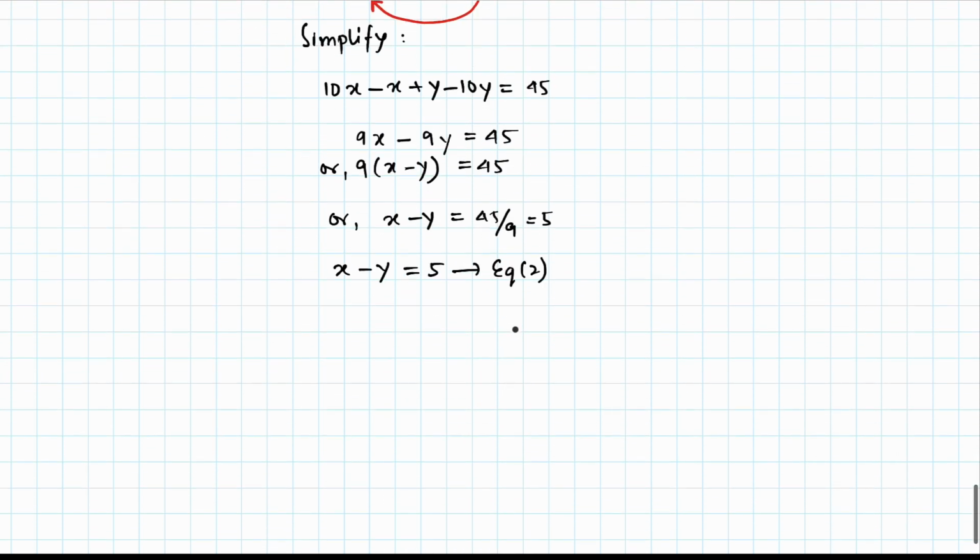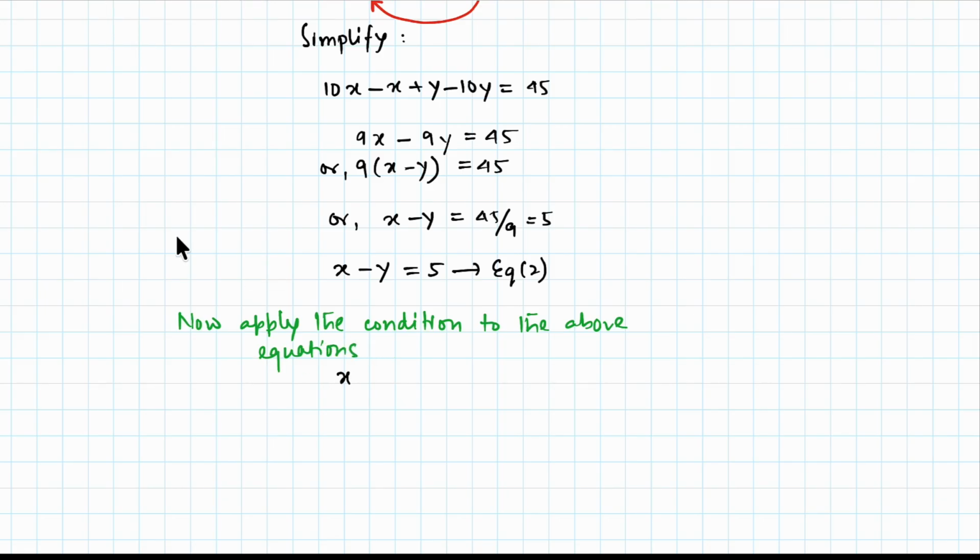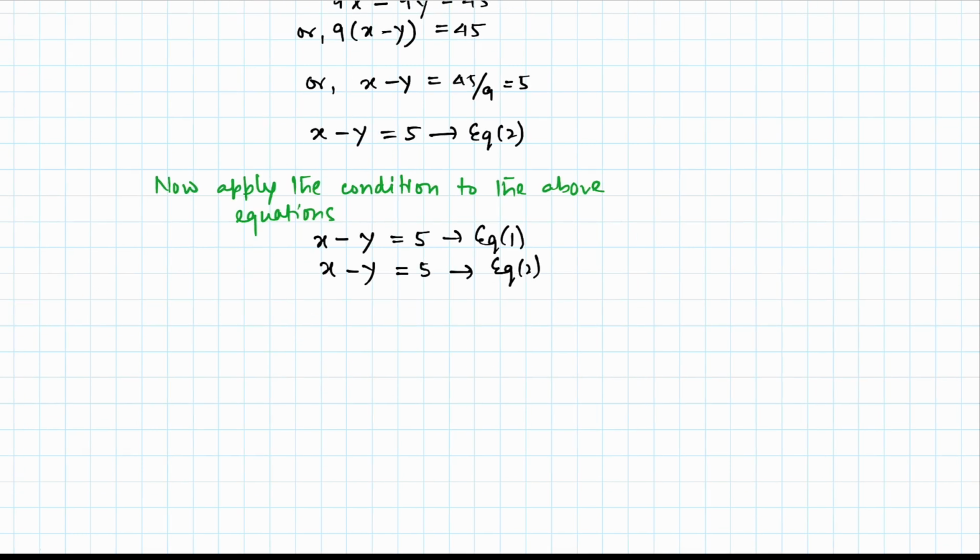Now see equations 1 and 2. Now apply the conditions to the above equations. x minus y equal to 5, which is equation 1, and x minus y equal to 5 for equation 2. So we find both the equations are the same.